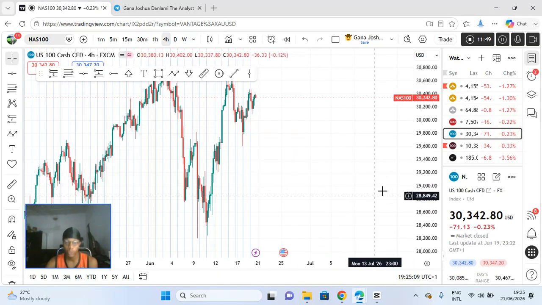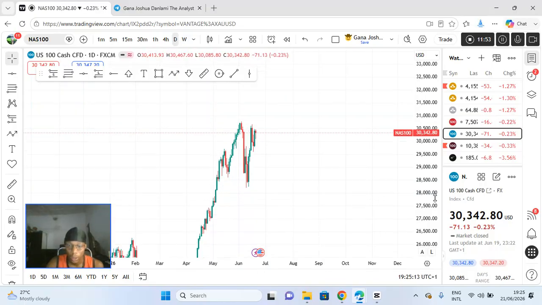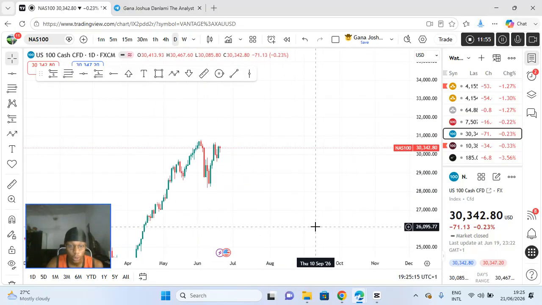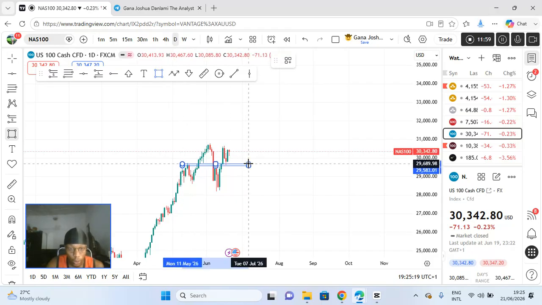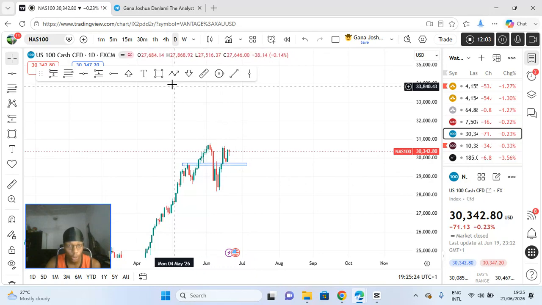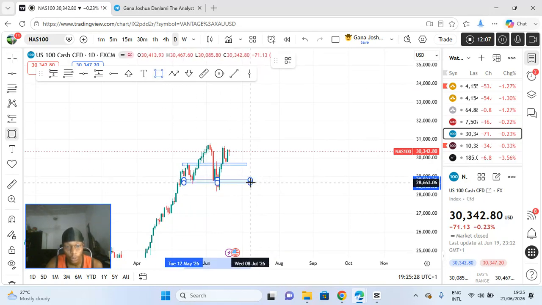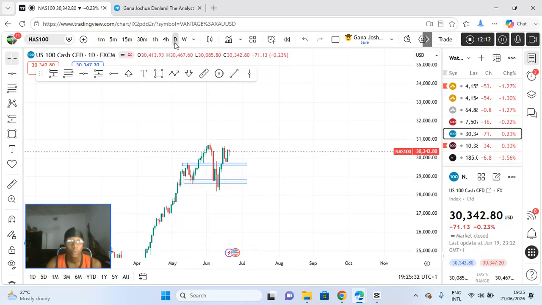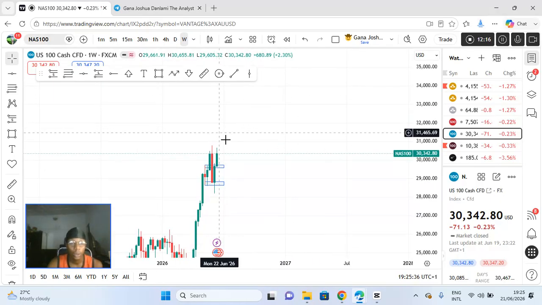NAS 100 moves a similar way to S&P. Nasdaq has been bullish, making new all-time highs. This was a resistance, but now it's acting as a support. This is another level of support too from the daily. And then if we look at it from weekly, look at what's happening.